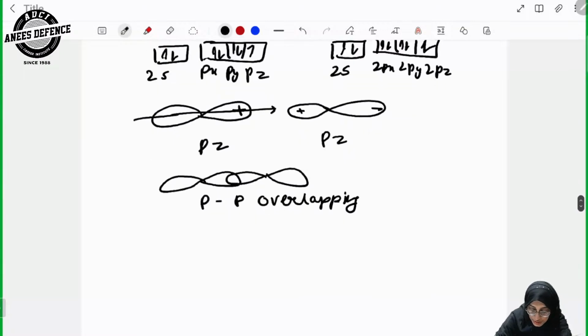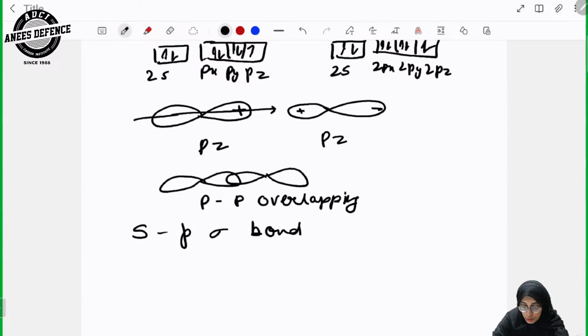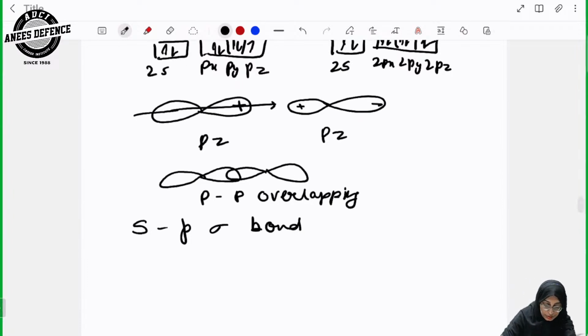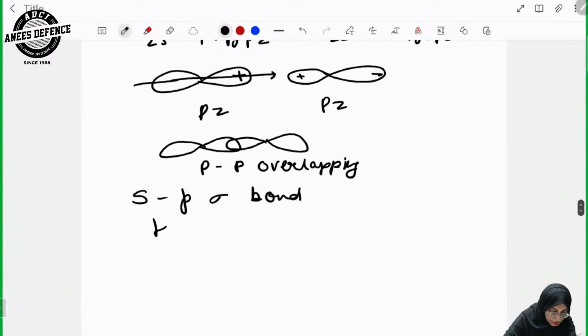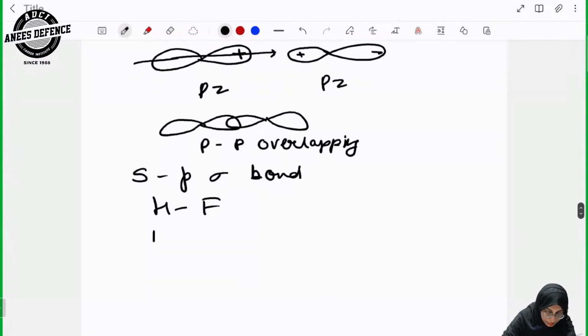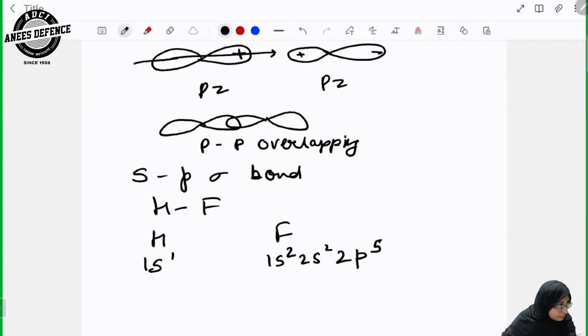Next type is sp sigma bond: overlapping between the s orbital of one atom and p orbital of the other atom. Take the example of HF, HCl, HBr. In HF, H has 1s1 and fluorine is 1s2, 2s2 and 2p5.